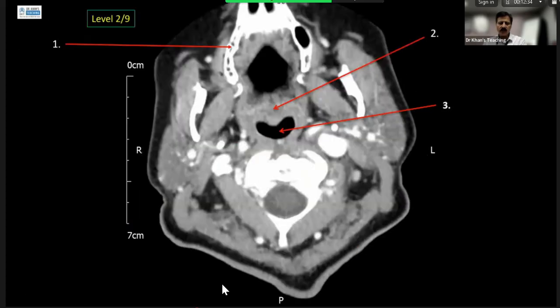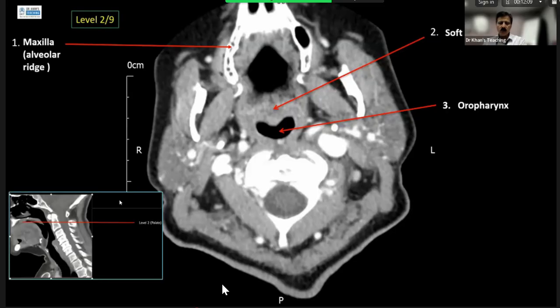It opens here. Next level. Number 2. Okay, so number 1 is alveolar ridge, and number 2 is uvula or soft palate, and number 3 is... excellent. So this is the level, and we can see the answers here. Well done.